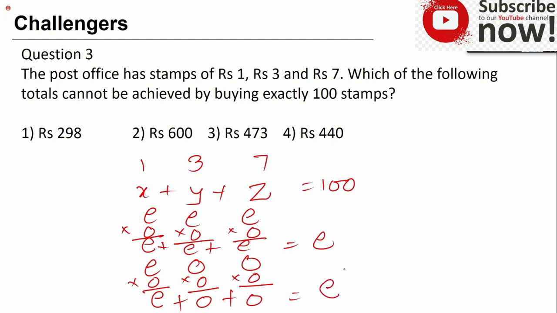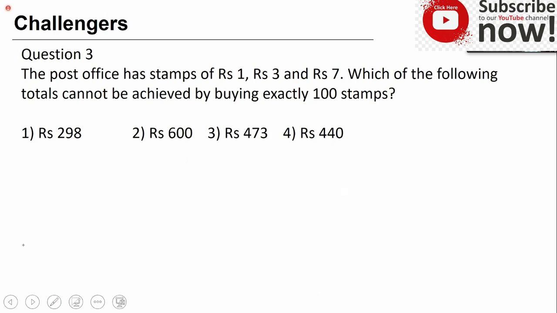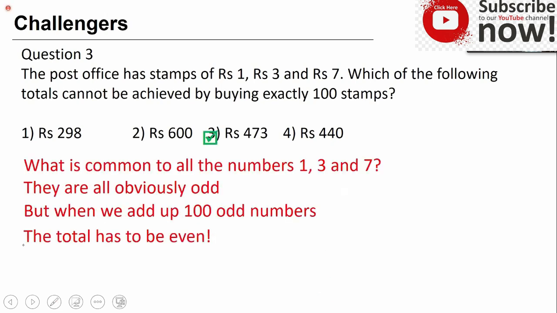So can I say in both the cases, my total sum must always be even? And if my total sum must always be even, then it can never be odd. So the odd total which is there in the options can never ever be achieved. Can I say that? Right?